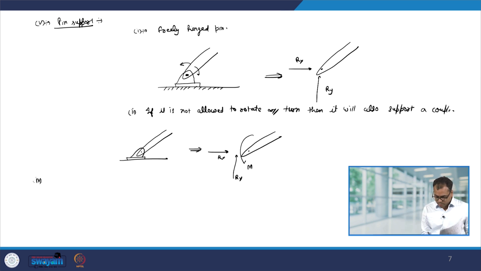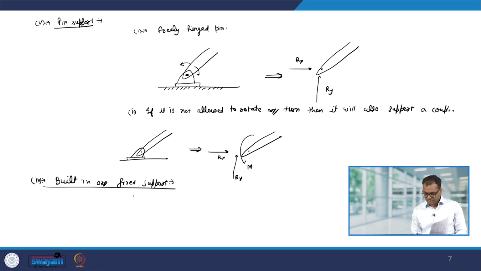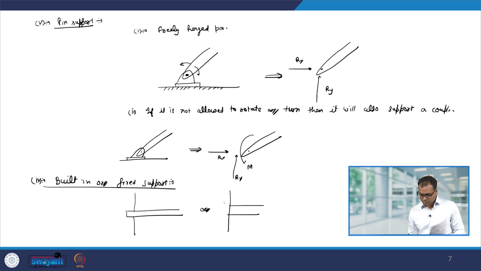Now, suppose we have a built-in support or a fixed support. So, let us say we have a wall, and on this wall a beam is fixed, or we have a wall and on this wall the beam is welded.